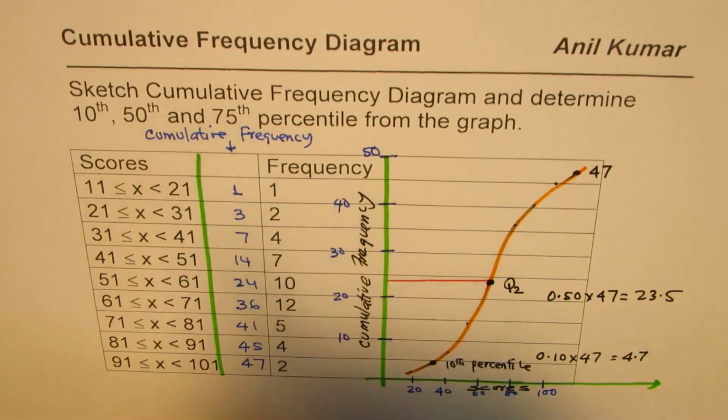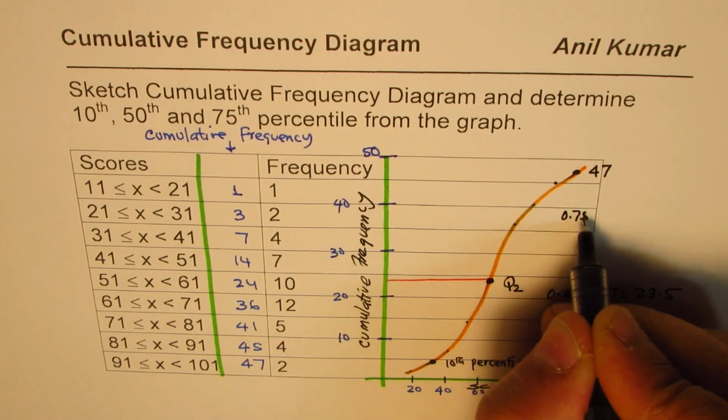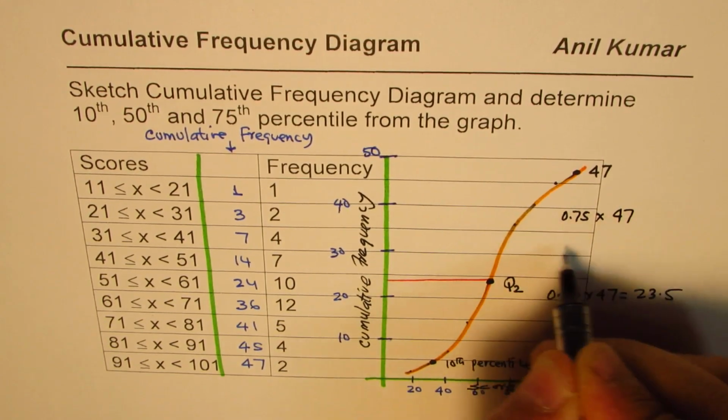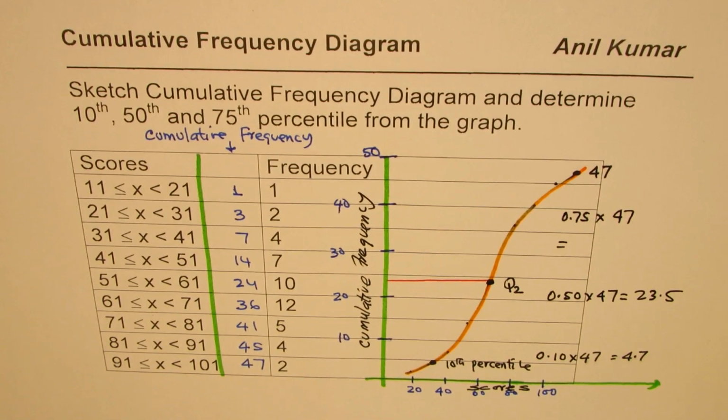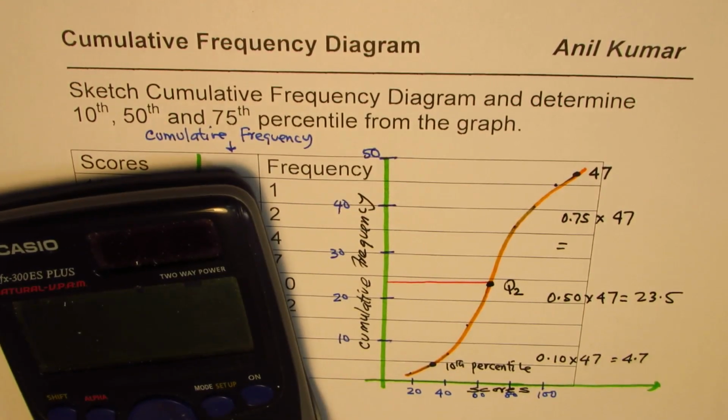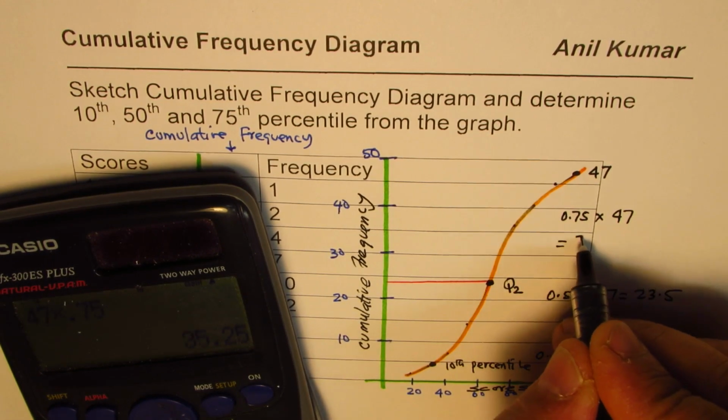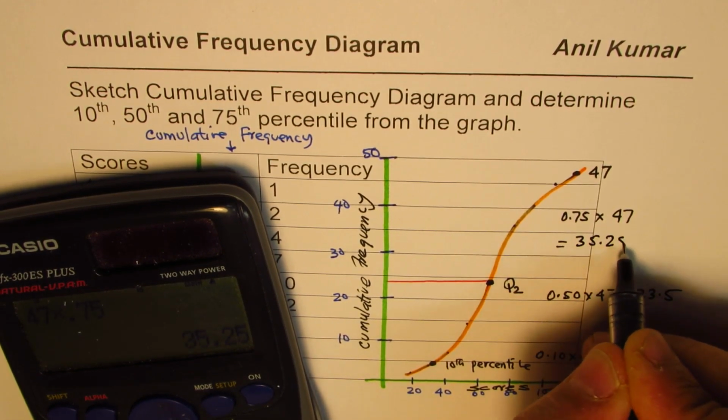Okay. 75th percentile is 0.75 times 47, and that is equal to, let's again use the calculator, 47 times 0.75, and that is equal to, in decimals, 35.25.